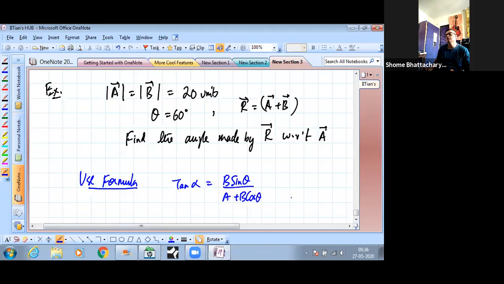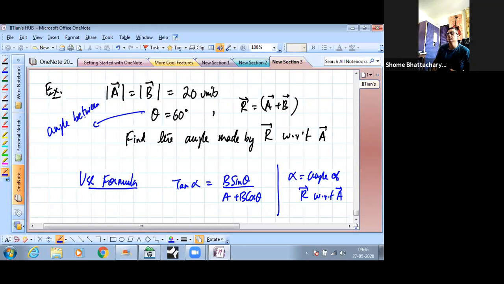Okay. Where we should not get confused about the two angles involved. Alpha is the angle of the resultant with respect to A, whereas theta was the angle between A and B. Okay, so theta here is the angle between A and B, whereas this angle will be substituted as alpha.